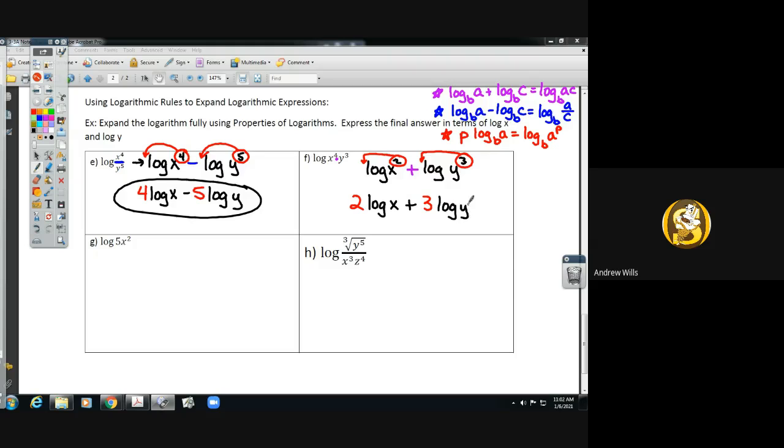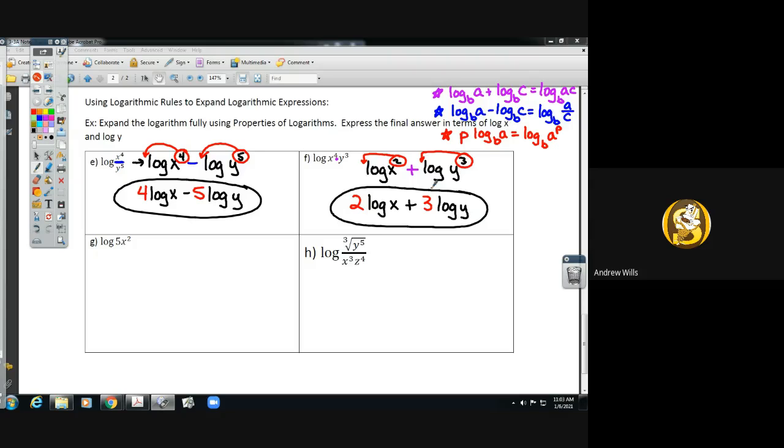So same deal. I'm going to give you a couple minutes, probably 2, to try examples G and H. Please expand G and H out until they are written in terms of log x and log y.